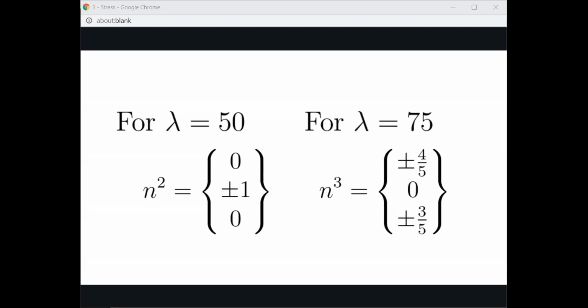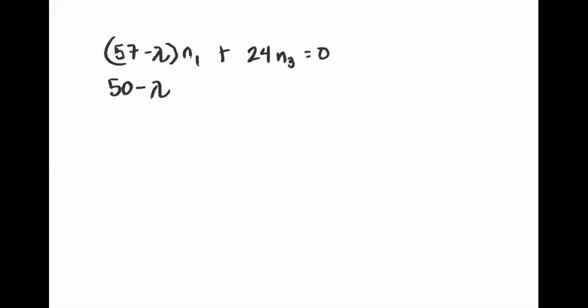Let's try to solve this. So what we have is 57 minus lambda n1 plus 24 n3 equals 0. 50 minus lambda n2 equals 0.